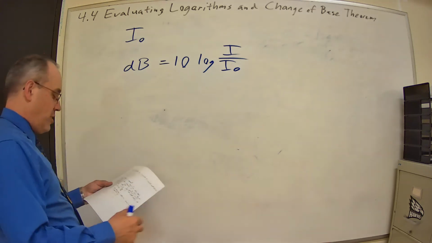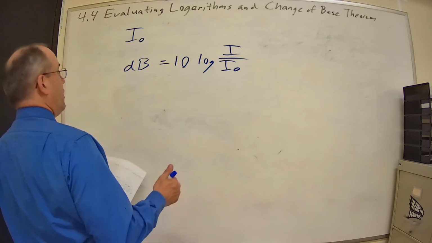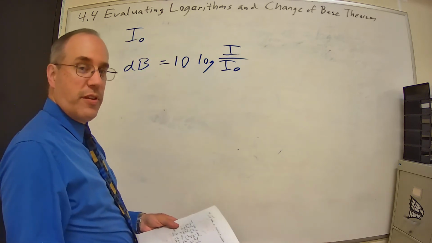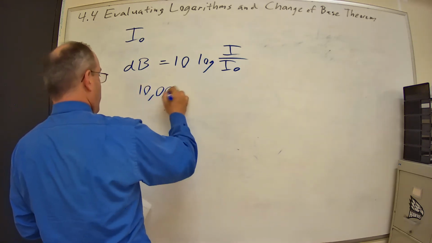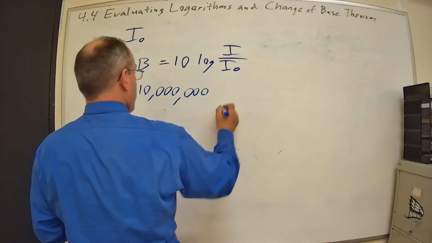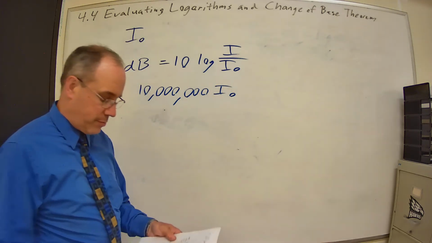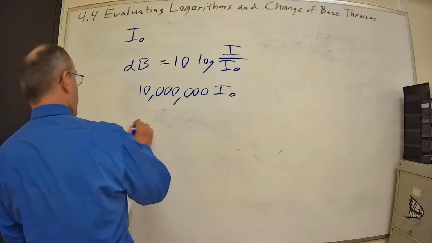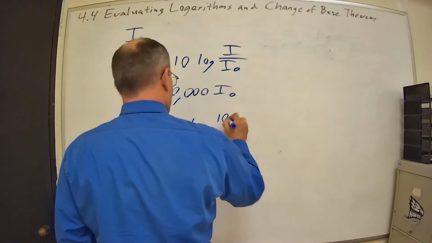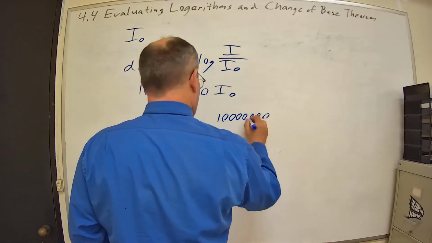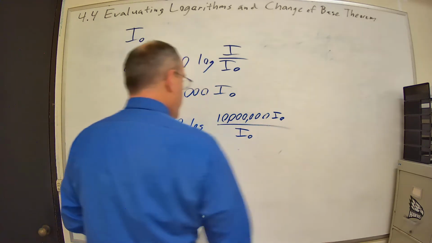So let's find the decibel rating of a sound with an intensity of 10 million times the threshold intensity. So we're going to take dB is equal to 10 times the log of 10 million times the intensity threshold over the intensity threshold.